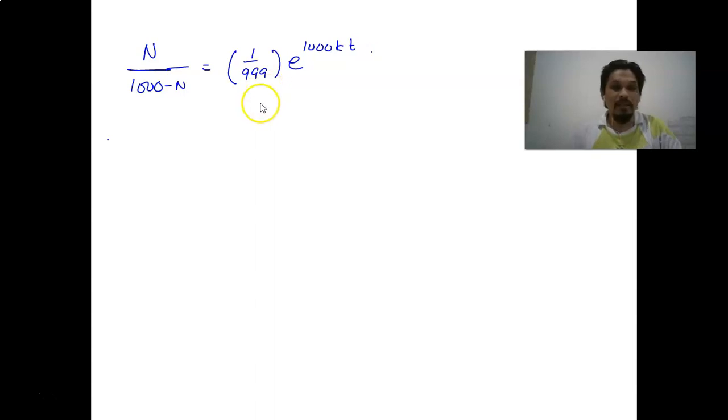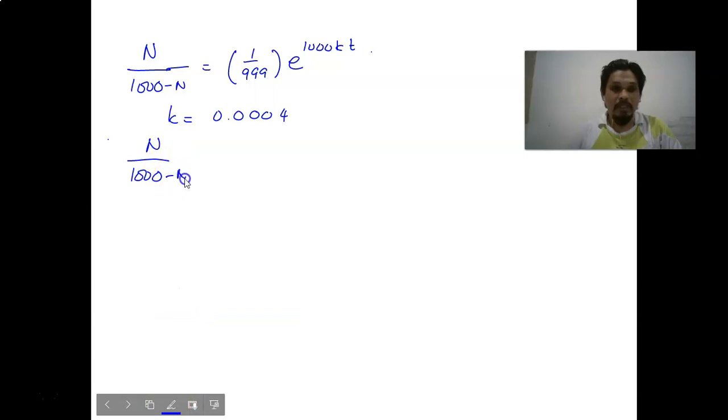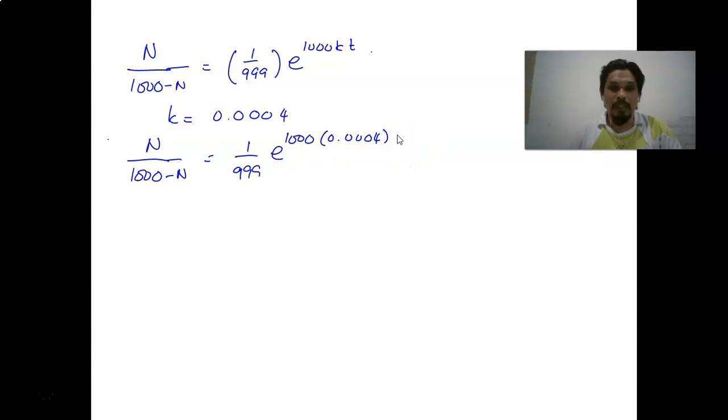Okay, so given in the question again, the value of k equal to 0.0004. So then n divided by 1000 minus n equal to 1 divided by 999 e power of 1000 times k, 0.0004 t.